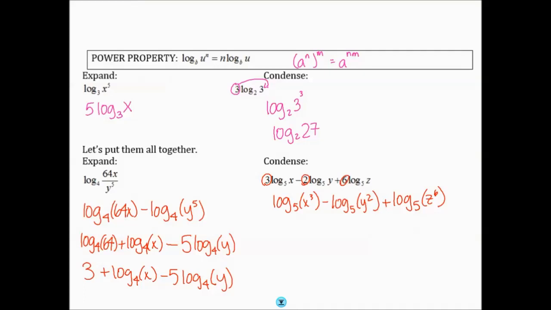You are only subtracting log base 5 of y squared. So when I go to use the product or quotient property, log base 5 of y squared is the only thing that is being subtracted. The other two terms are positive. So I would have log base 5 of x cubed z to the 6th over y squared. Because log base 5 of y squared is the only term that is being subtracted, so y squared is the only term that will be in the denominator of the fraction.